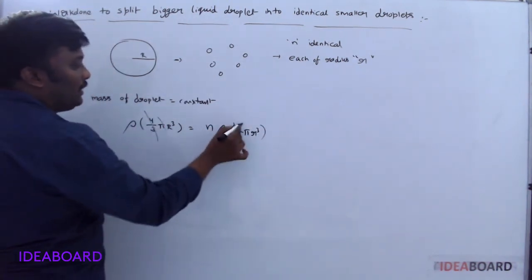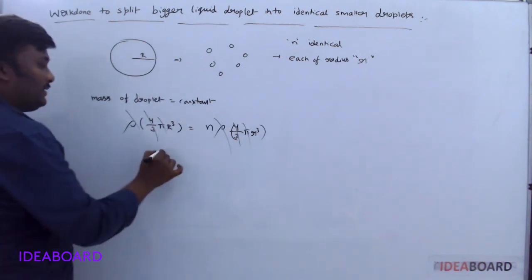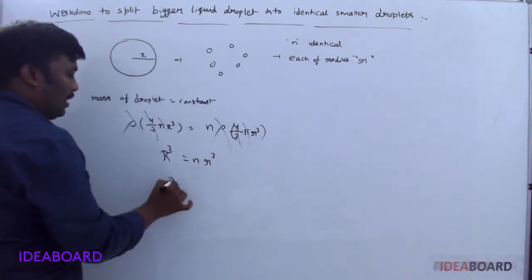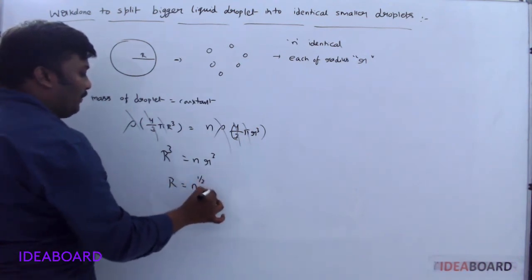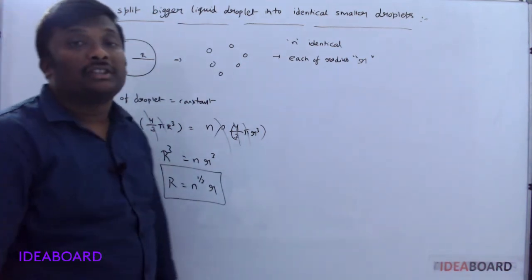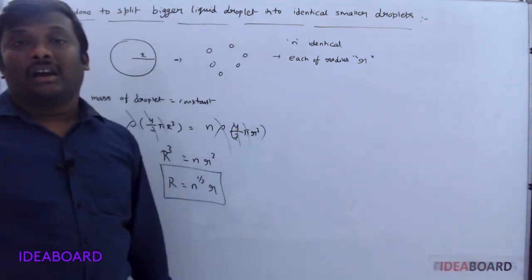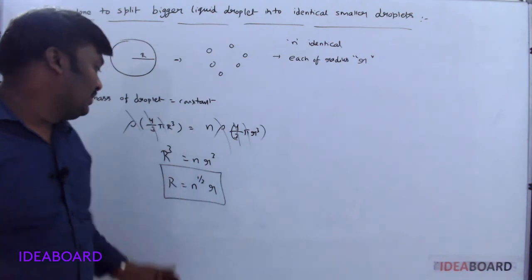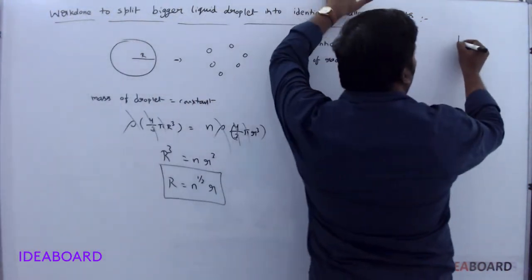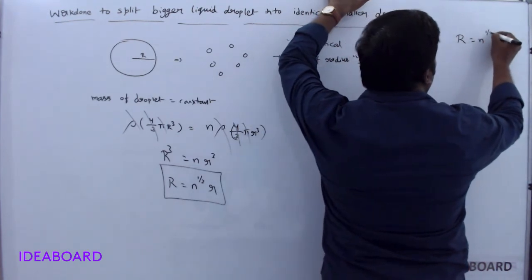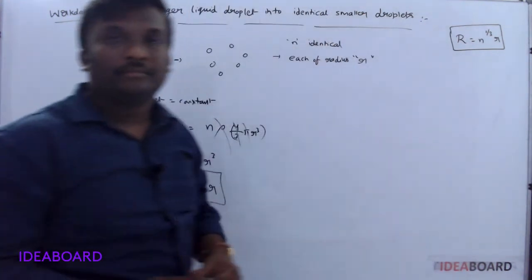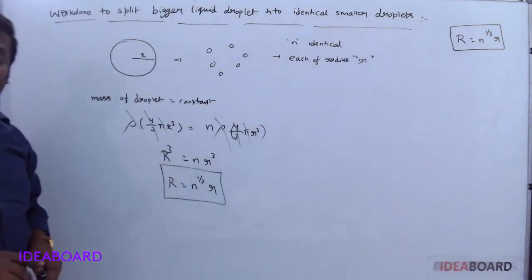Here 4/3 pi cancels, density cancels. R cube is equal to n into small r cube. So R is n power 1/3 times small r. In second year this formula is also used in the lesson on capacitance and potential. Keep this point. What is the formula for capital R? Capital R is equal to n power 1/3 into small r.